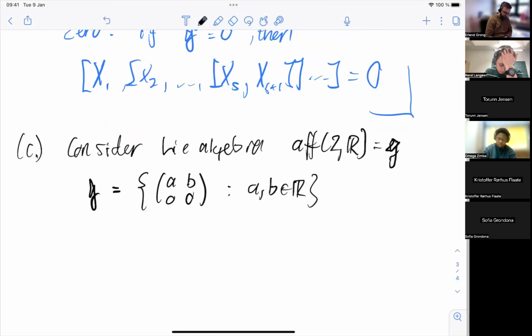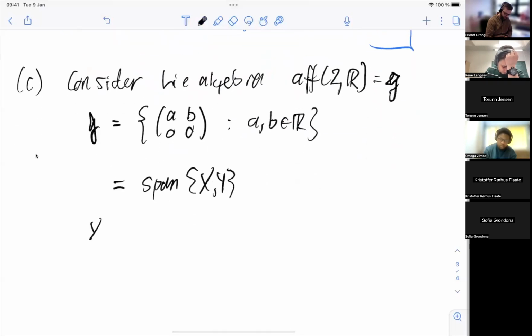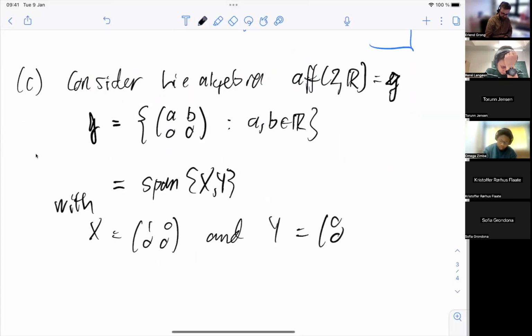So this can then also be seen as the span of matrices X and Y, if we let X be 1, 0, 0, 0, and Y equal to 0, 0, 1, 0. So in other words, it's a two-dimensional Lie algebra.